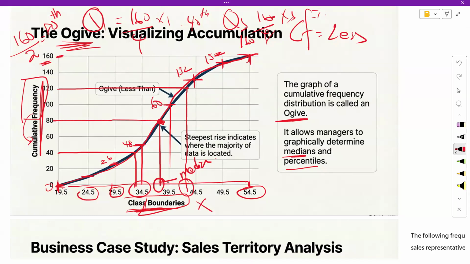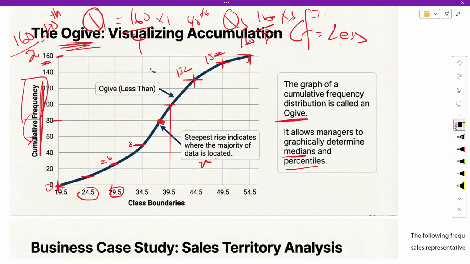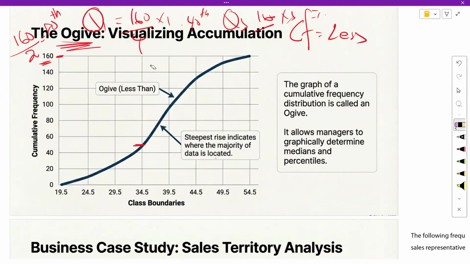So in this way we can find a lot of things, and also get more insight. If anybody asks the question, the managers want to know how many employees are below 30 years old.